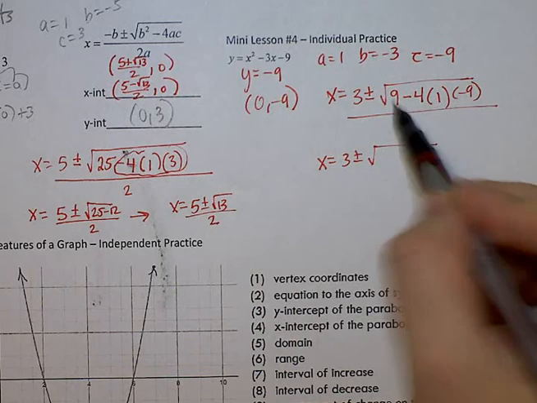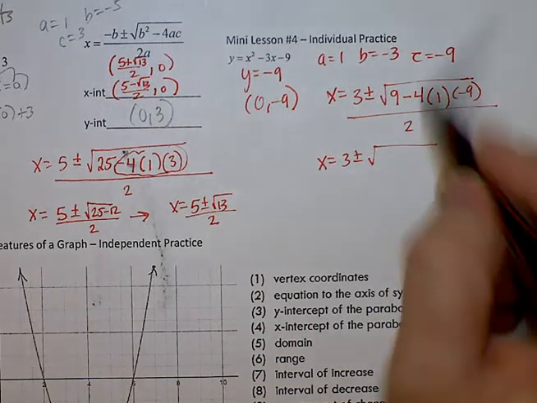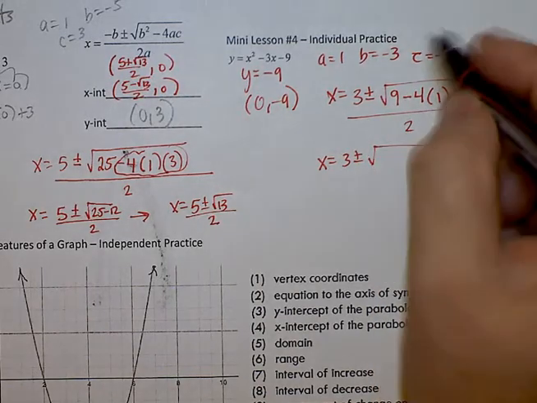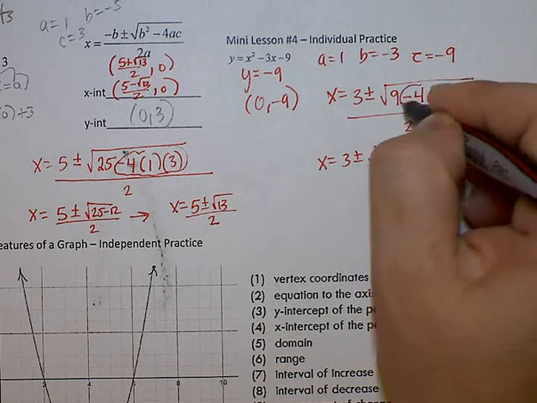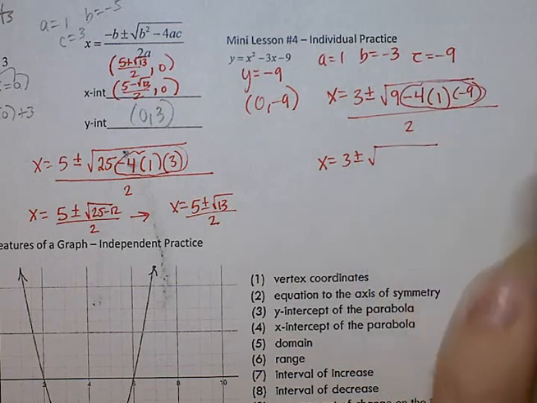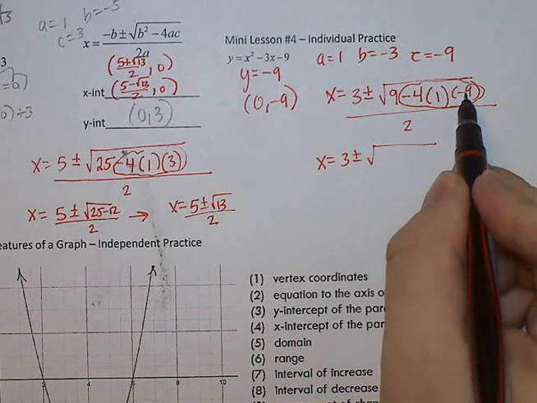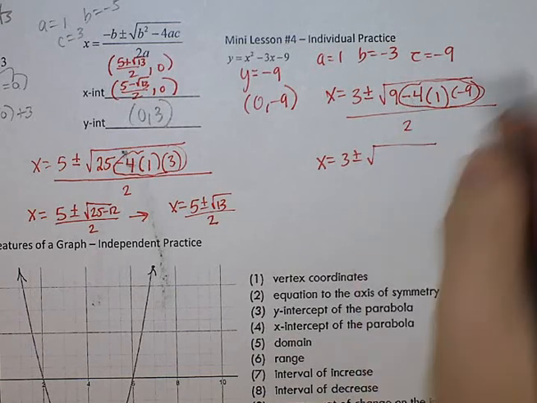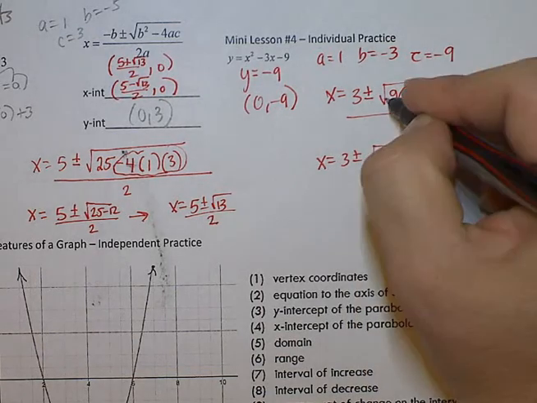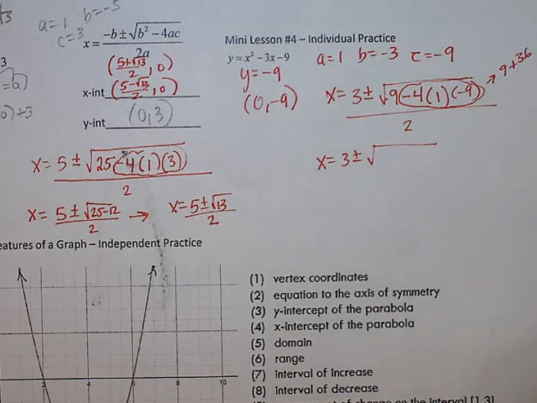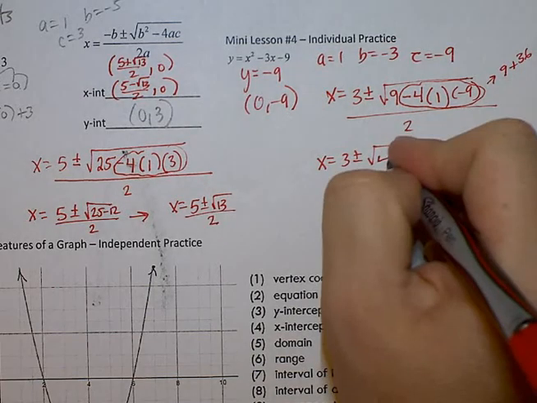This area within here, we want to come up with an answer for this, our discriminant. Negative 4 times 1 times negative 9 is positive 36. And 9 and positive 36 is 45.